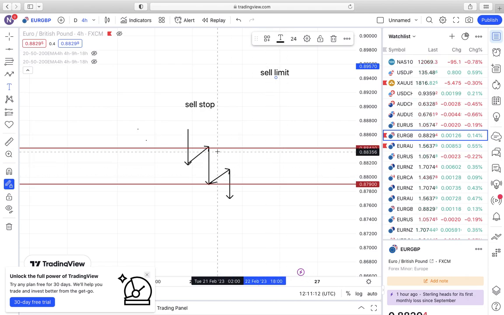Let me say the price was moving down, and you know that this price will retrace back. You put this sell limit above the price, which means when the price retraces back here, it will continue selling. You have done your analysis and you know very well that when the price reaches here, it will continue selling. That one is the sell limit.